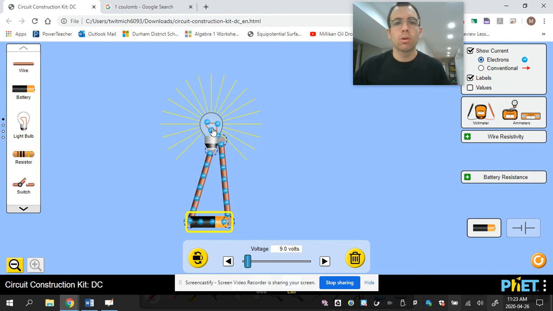So the bigger the voltage, the more electrons flow and the bigger the energy they're carrying, because remember, voltage is measured in joules per coulomb. When you have electrons flowing, they're carrying energy, so they're carrying more joules of energy as they flow through there. So when you increase the voltage, you're not only increasing the energy that the electrons have, but you're also increasing the number of electrons that actually flow.